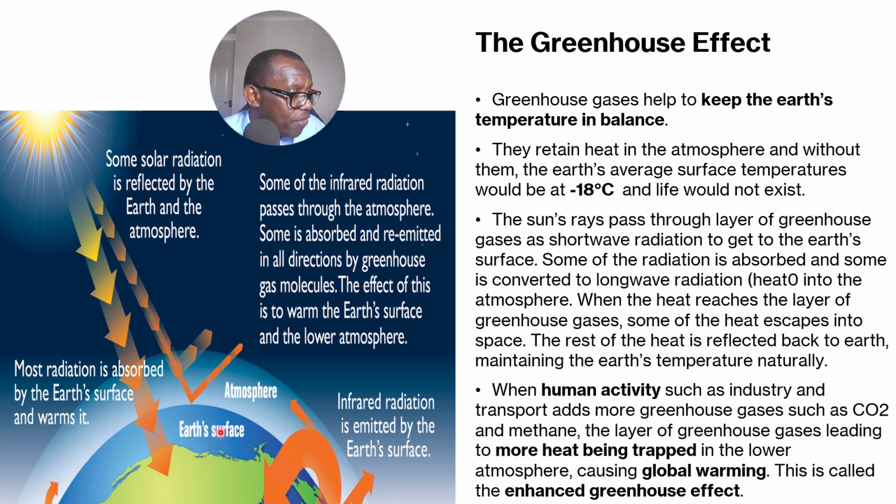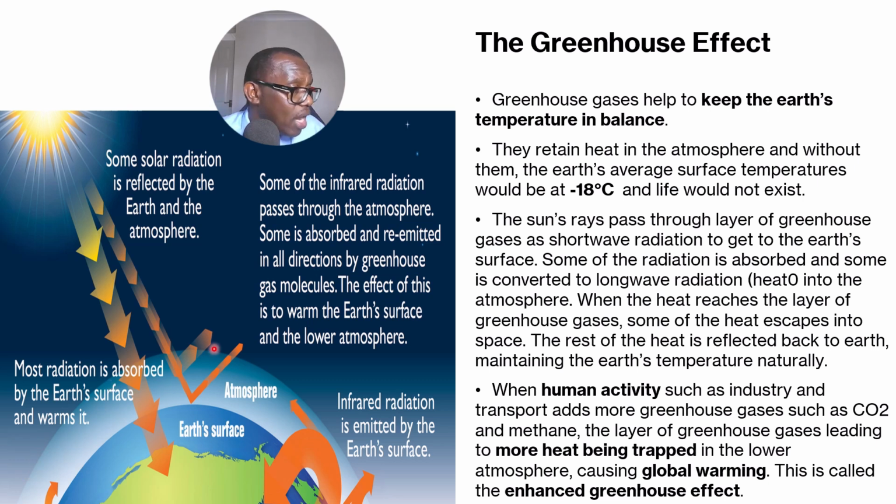So what is causing a change in this natural greenhouse effect? We have the effect of humans now, and the humans obviously are producing a lot of pollution. Human activities such as industry and transport are going to add a lot more greenhouse gases into the atmosphere, such as carbon dioxide and methane. And that layer of greenhouse gases that was occurring naturally is now going to be strengthened by this human activity.